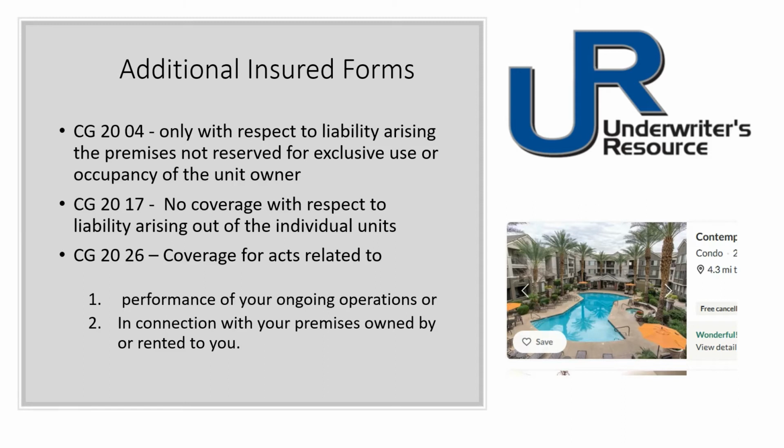Now, if you add CG 2026, there is coverage for acts related to performance of your ongoing operations, which would be the hotel operations, or in connection with your premises owned by or rented to you. With that second clause, you might see some exclusion of the individual units.